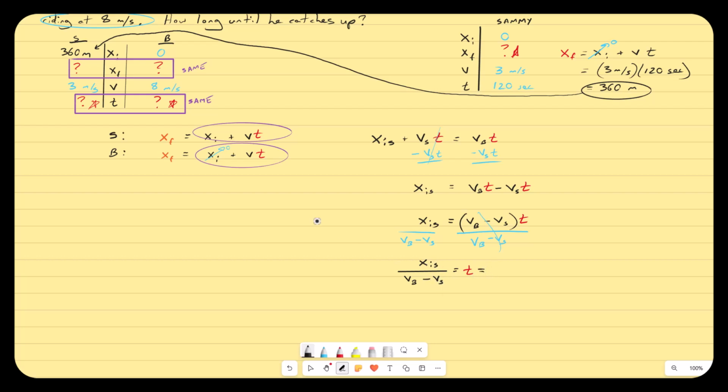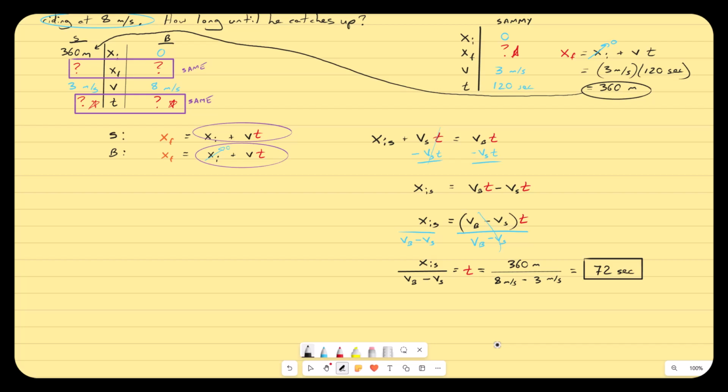I can plug in some numbers. Here's my table up here. X initial for Sammy, that's 360 meters. v for the brother is 8 meters per second. v for Sammy is 3 meters per second. 360 divided by 5 is 72 seconds. That's how long it's going to take until they catch up.